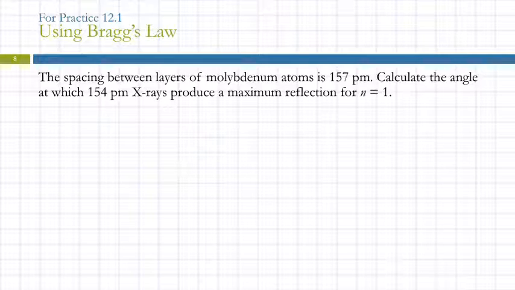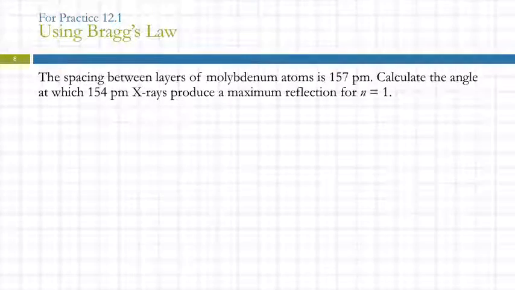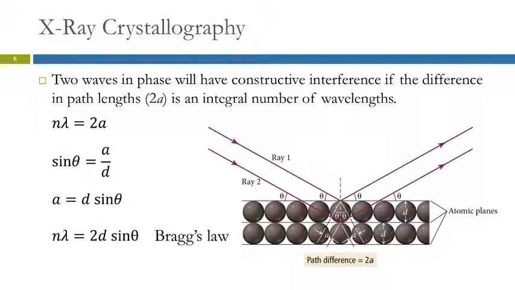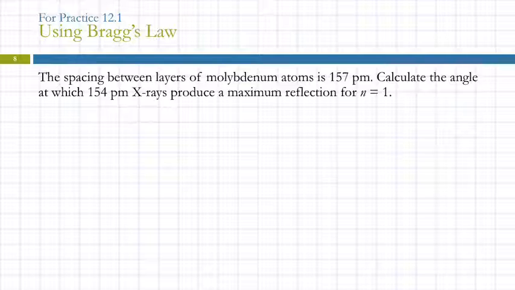So let's practice using that equation. So again, the equation is n lambda equals 2d sine theta. So the question is, the spacing between layers of molybdenum atoms is 157 picometers.